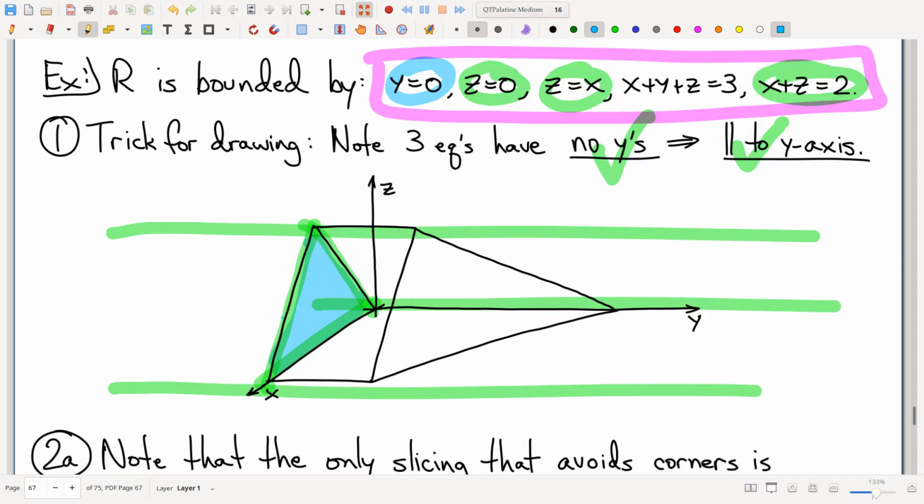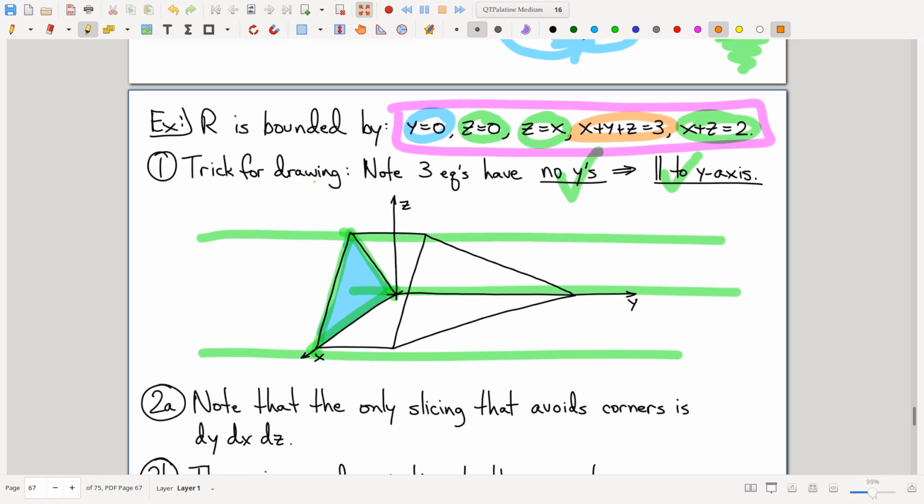And the hard one, oh man, this plane, I have to zoom out a little bit here. It's something like this, and now you really do have to use your 3-dimensional imagination.